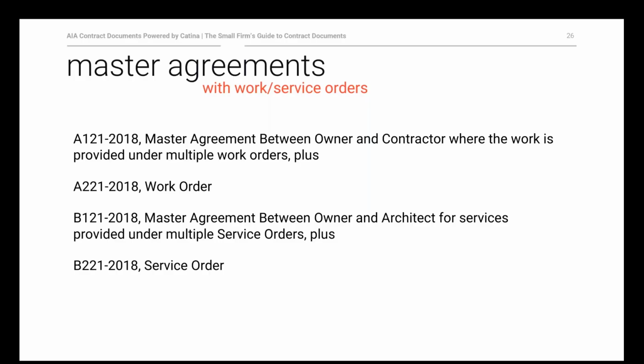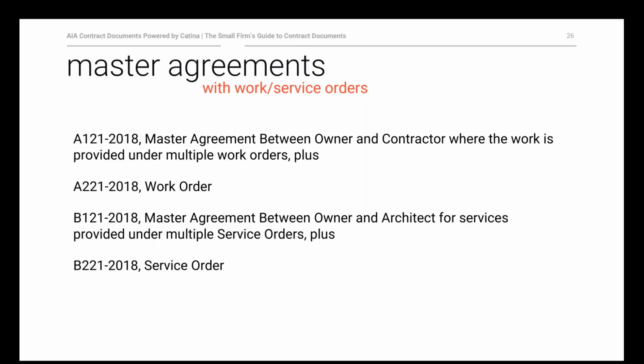And by that we mean a scenario in which the parties, perhaps the owner and architect, enter into a master agreement which has all of the basic business terms that they want to govern their relationship across perhaps a series of projects. And then for each project or each endeavor, they will enter into a work order if it's the construction side, or service order if it's architectural services, service order if it's going to be between an architect and its consultant.